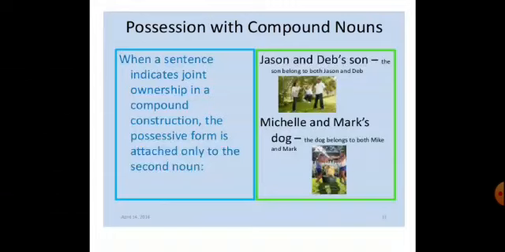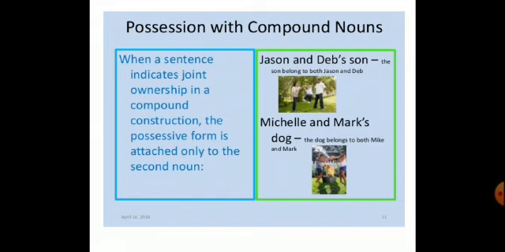Possession with compound nouns. What are compound nouns? Like for example, when I have two persons, or two boys, who own one thing. This thing or this person belongs to both of them. They are common in owning it.